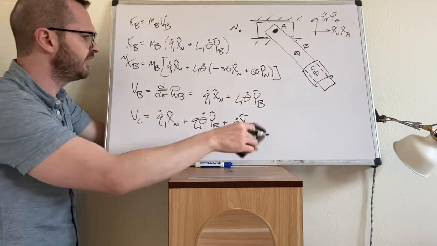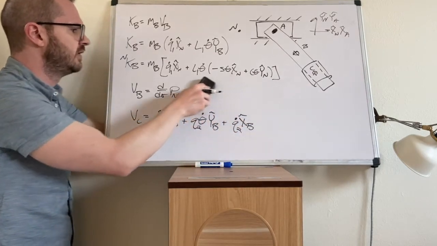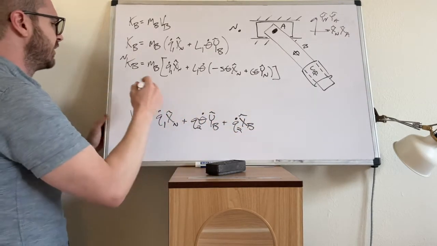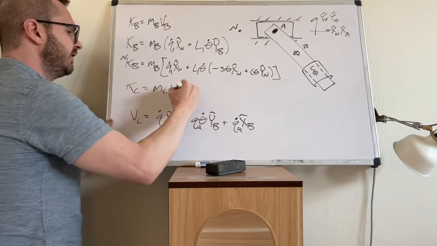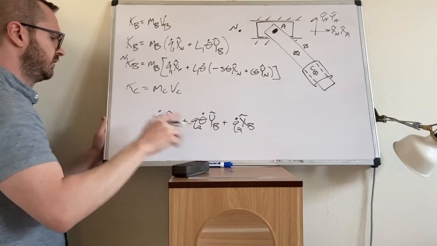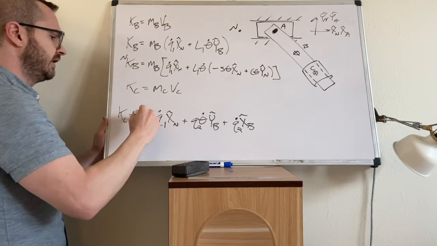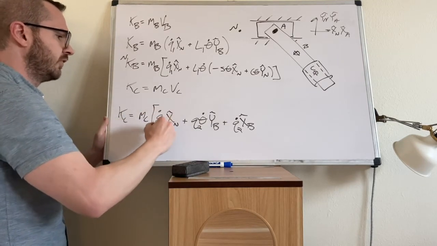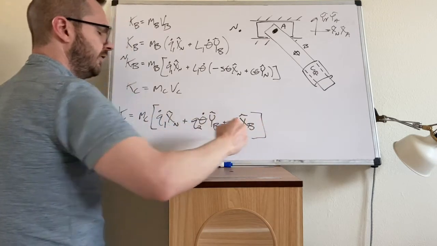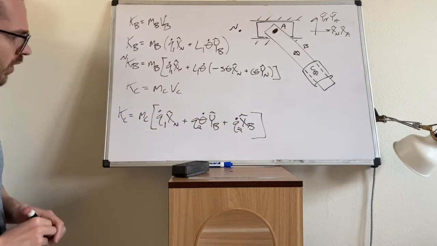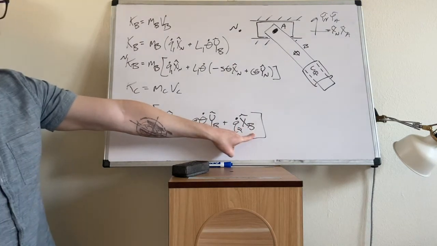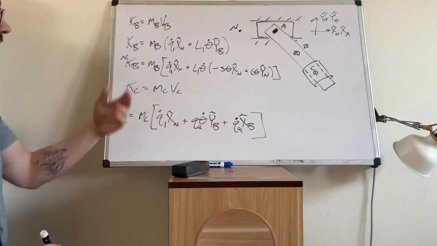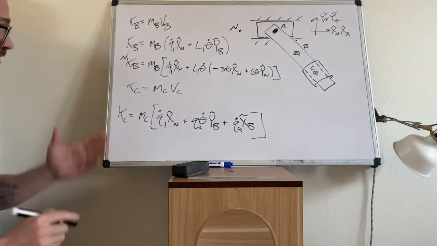And same thing for VC. If we wanted the linear momentum of C, well, that's just MC VC, so KC equals MC multiplied by this. And if we want it in the N frame, you go in and you convert the YB and the XB into the N frame using your definitions from the rotations.